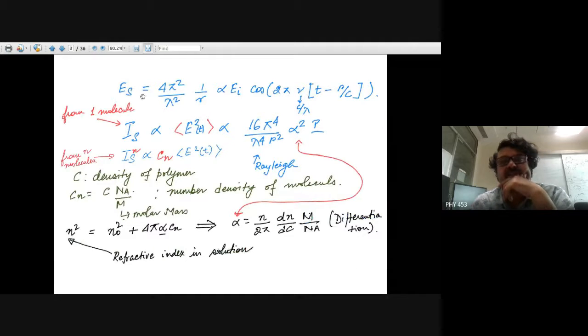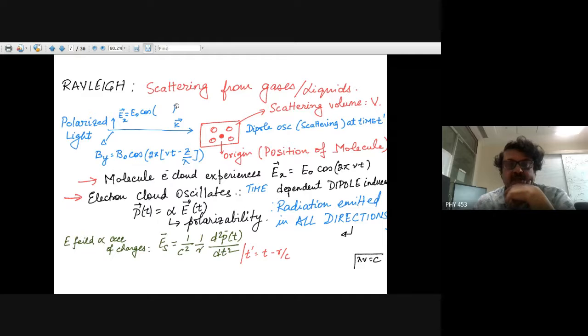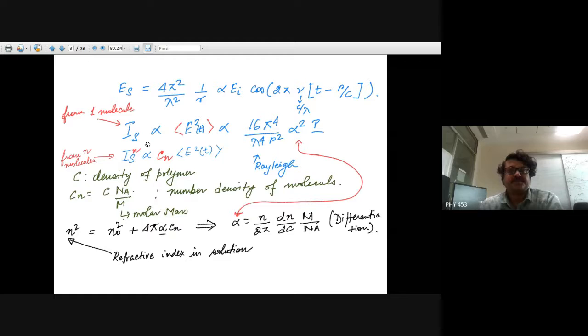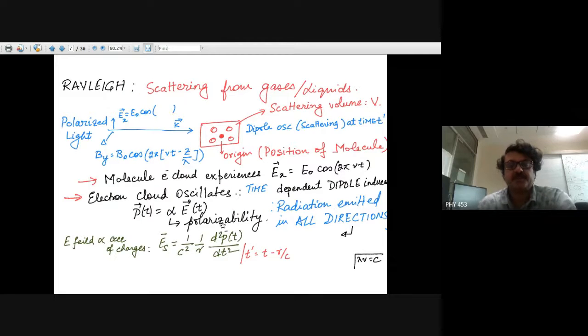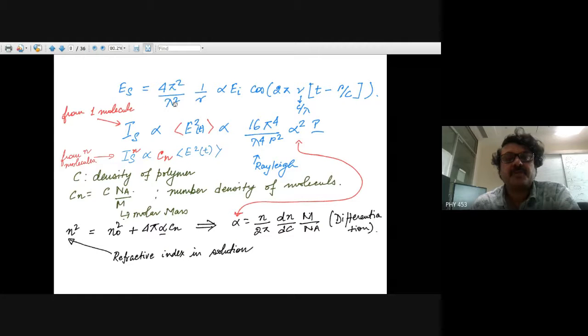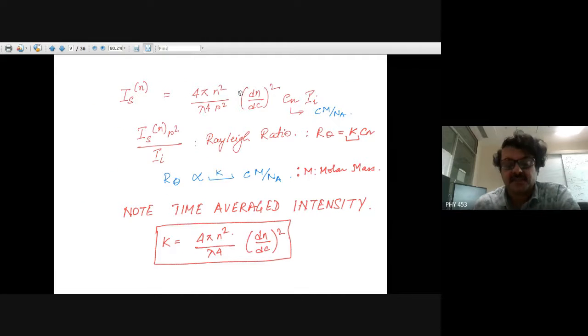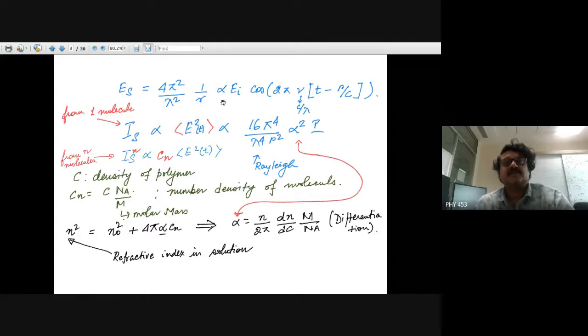So the scattered intensity is actually 4 pi squared by lambda squared. Basically this 1/c squared, if you replace, right? So it's 4 pi squared by lambda squared, 1/r, polarizability, incident, because how much scattered intensity depends on the dipole moment itself.